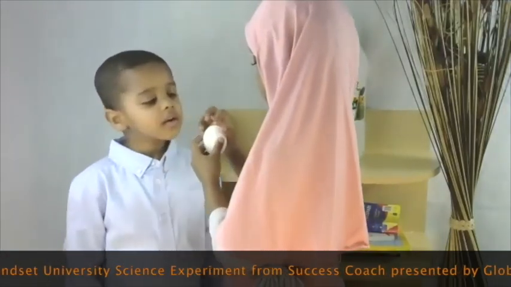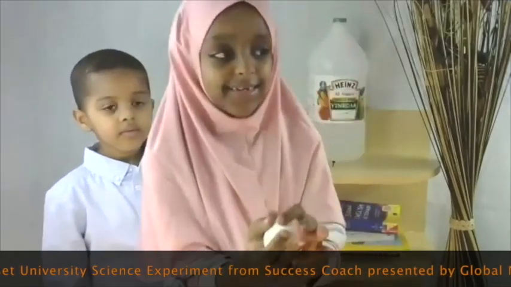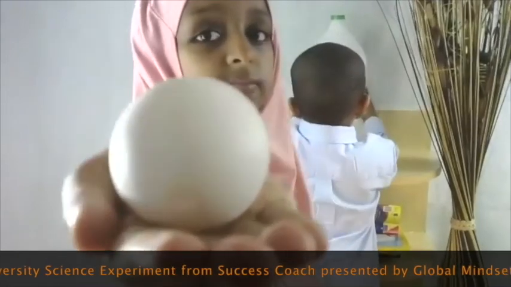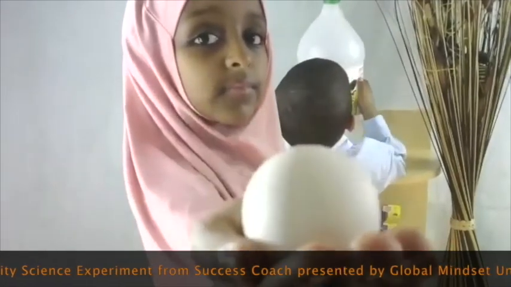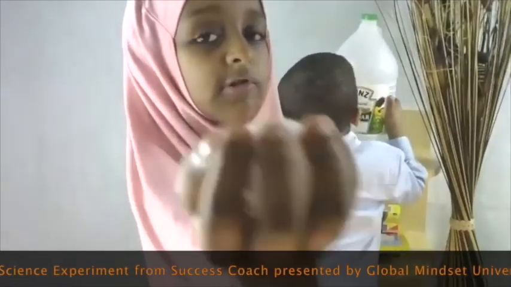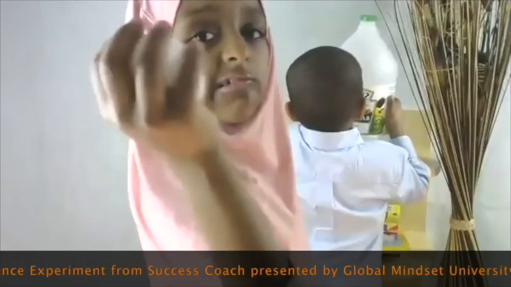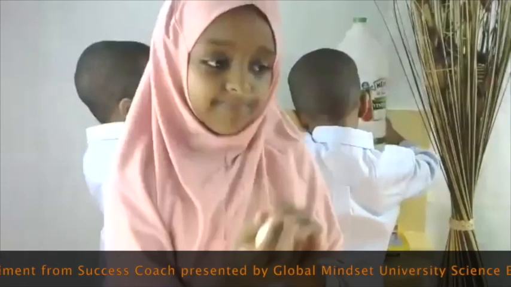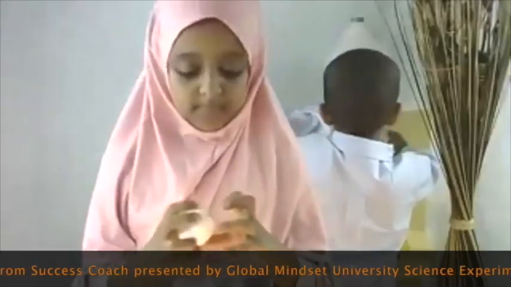And if I smell it, it is like, ooh, vinegar. Real vinegar. So that's how they were able to turn the raw egg into a bouncy egg, and they succeeded with these science experiments.